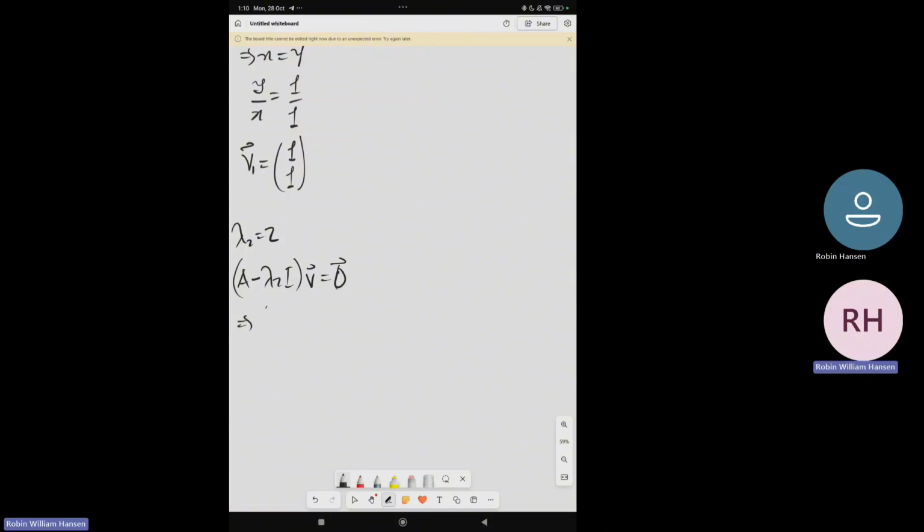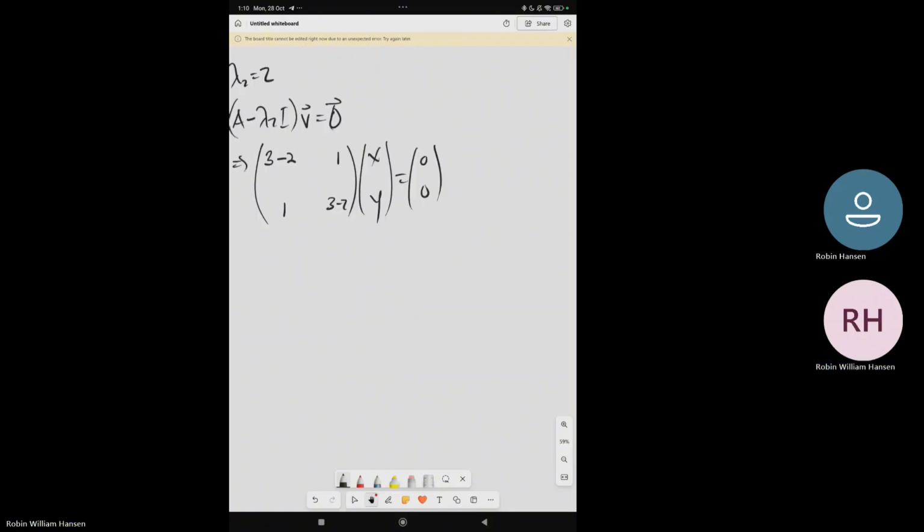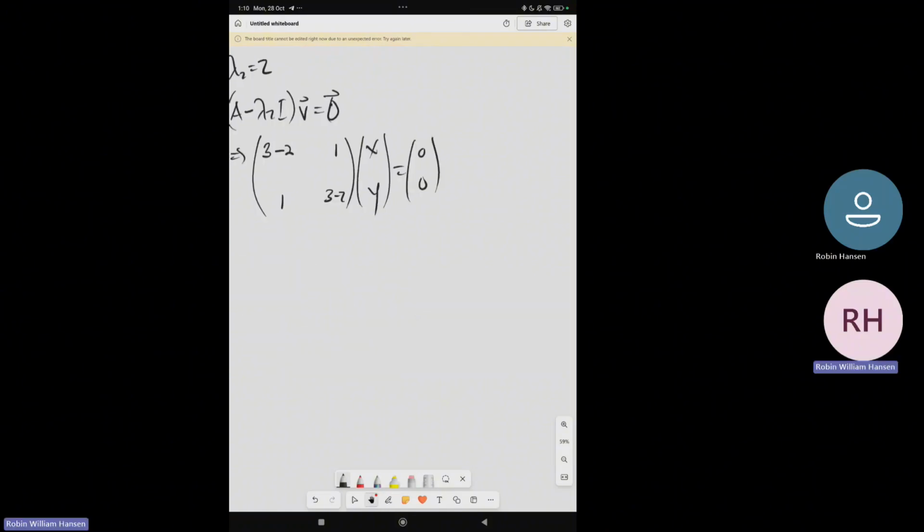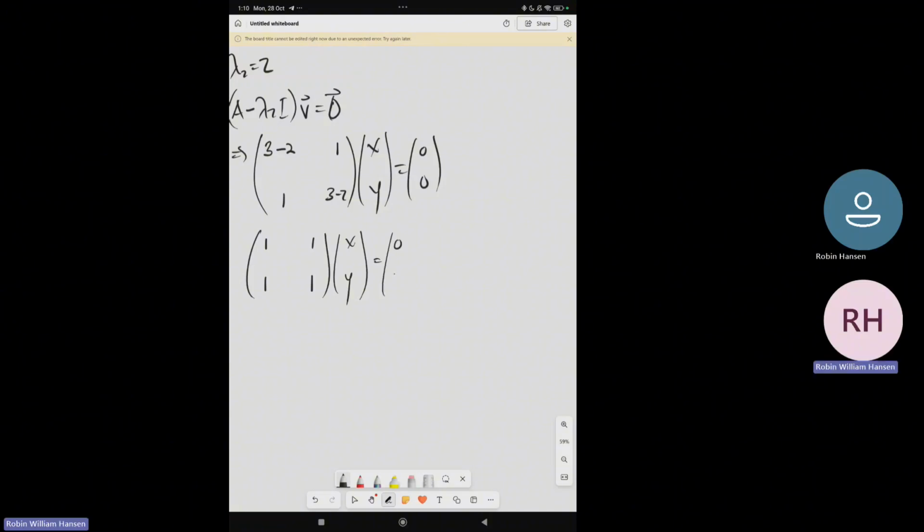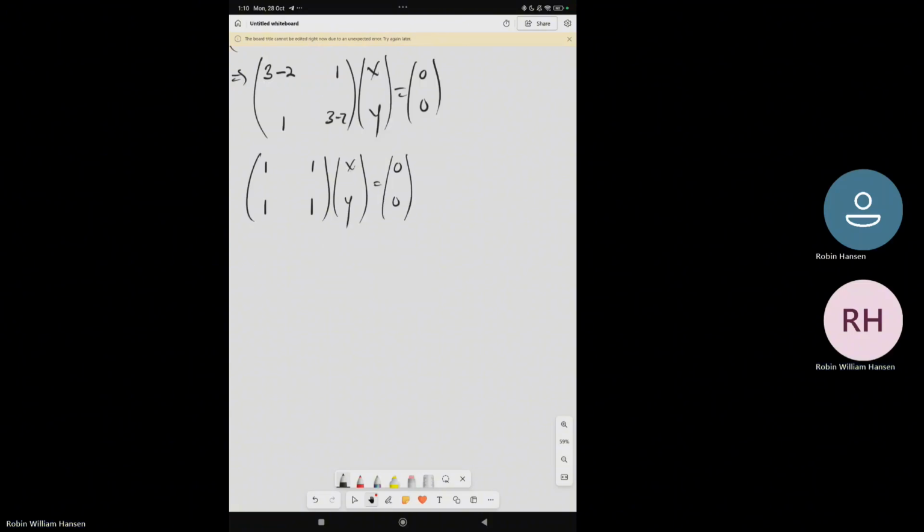And this is given by, we have 3 minus 2, we have 1 here, we have 1 here, we have 3 minus 2, times x and y equal to the 0 vector. And now we are going to have 1, 1, 1, 1, times x and y, 0, 0.